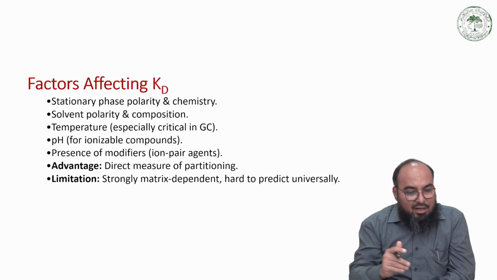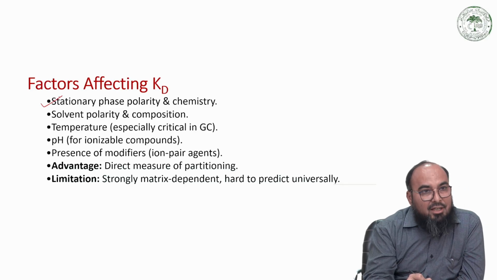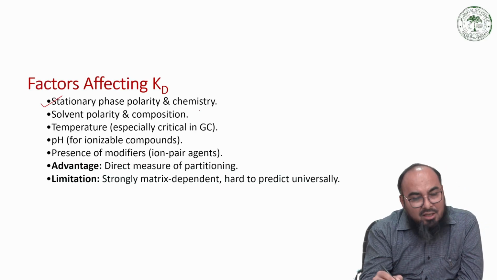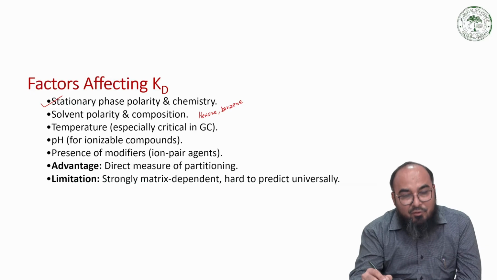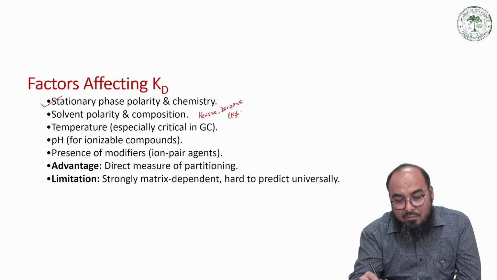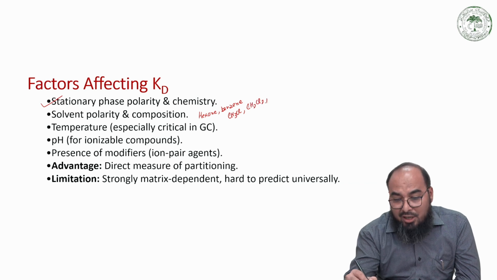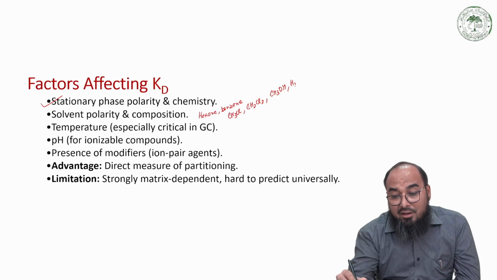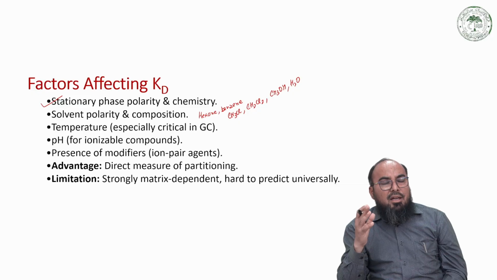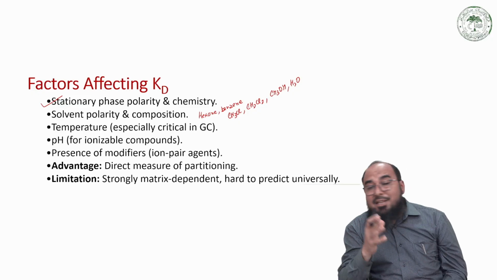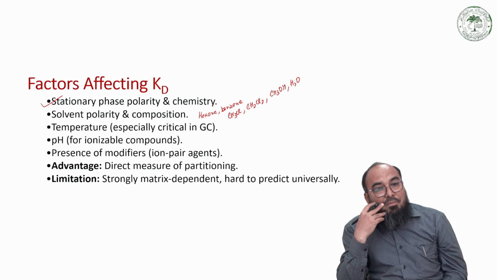Similarly, we have solvent polarity, which type of solvent we are using, whether a non-polar solvent like hexane or benzene, or a less polar one like chloroform or dichloromethane, or more polar like alcohol, or very polar like water. And this solvent polarity is important with regard to the nature of the components which are to be separated.